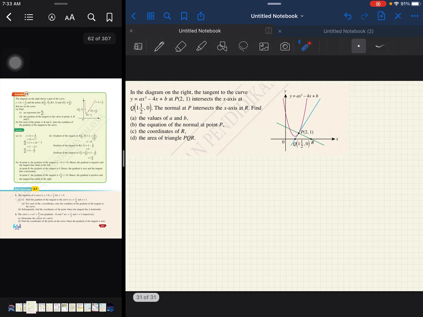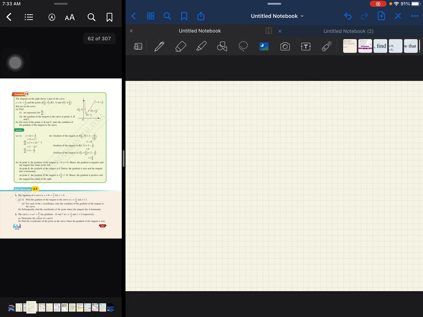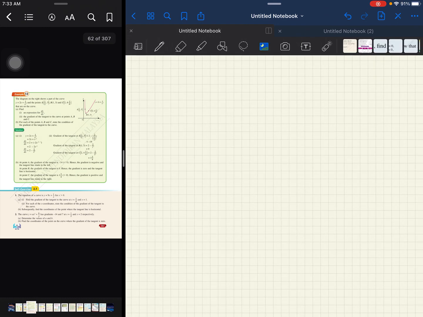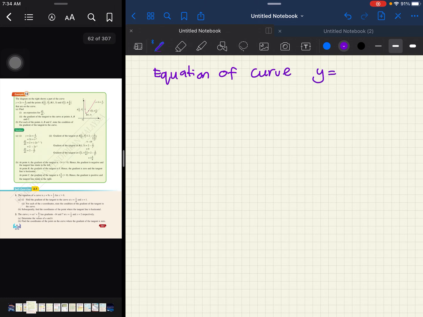Contohnya I ada equation of the curve, y is equals to 9x plus 1 over x, where x dia mesti greater than 0. Then kita kena cari gradient function.